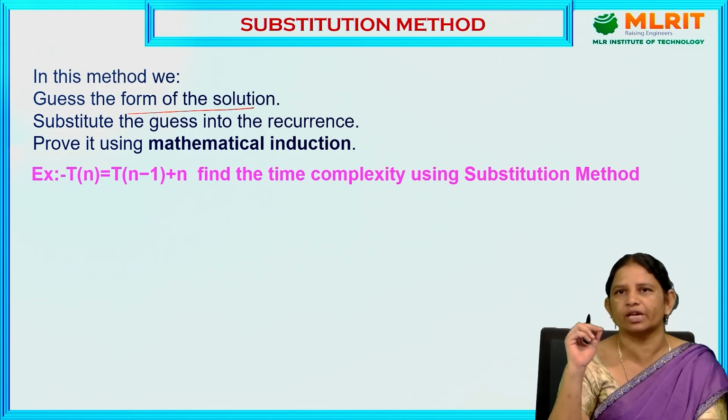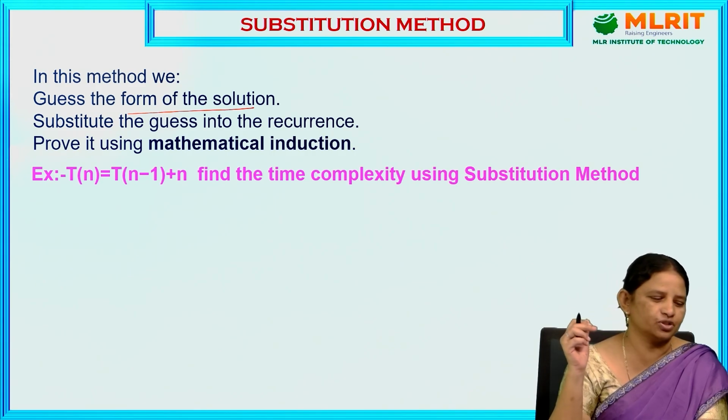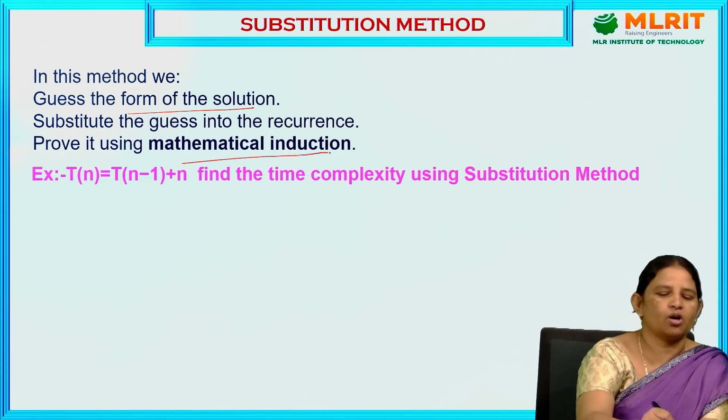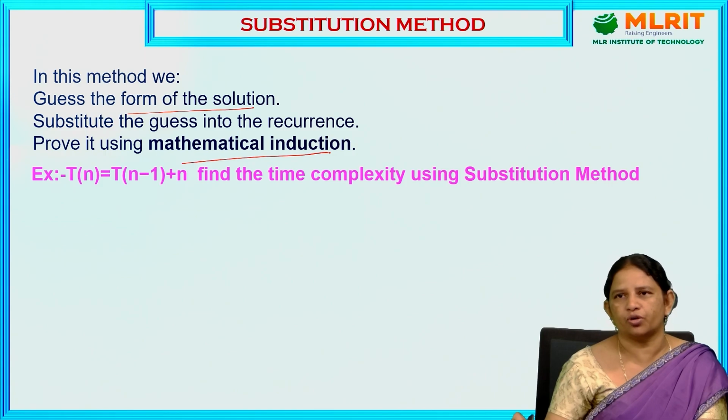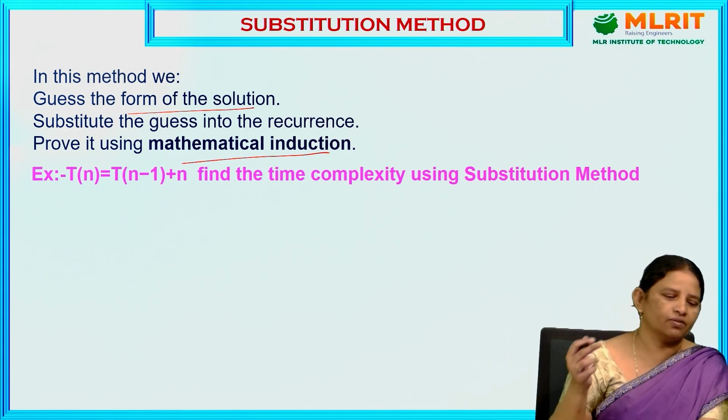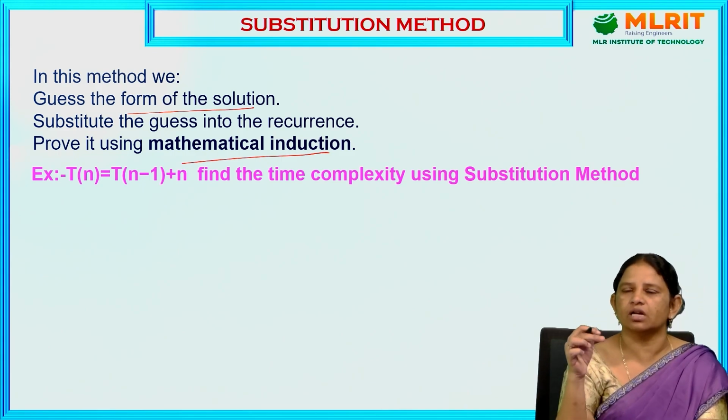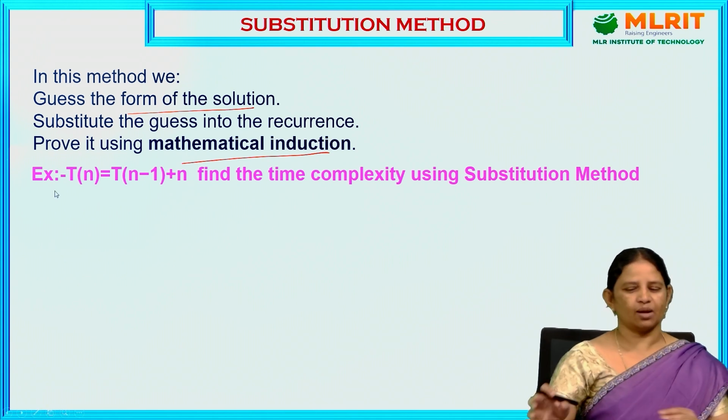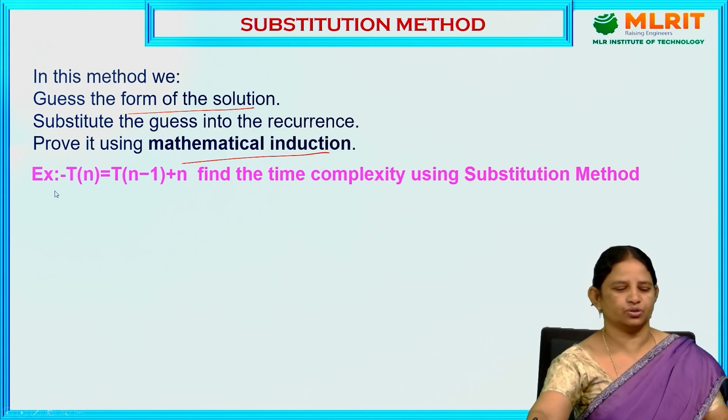With the help of mathematical induction we also have to prove it. So, based on the substitution method we need to derive the equation, but we should not simplify the expression. Find the time complexity using the substitution method.